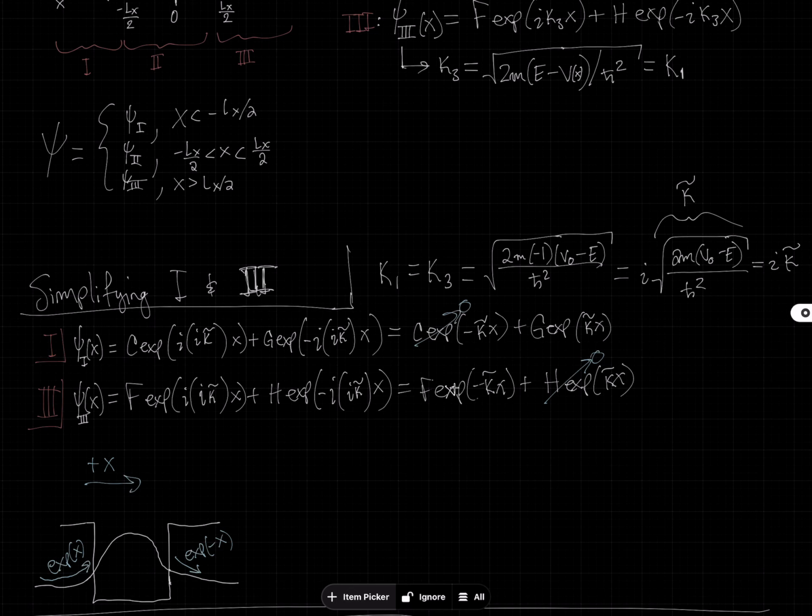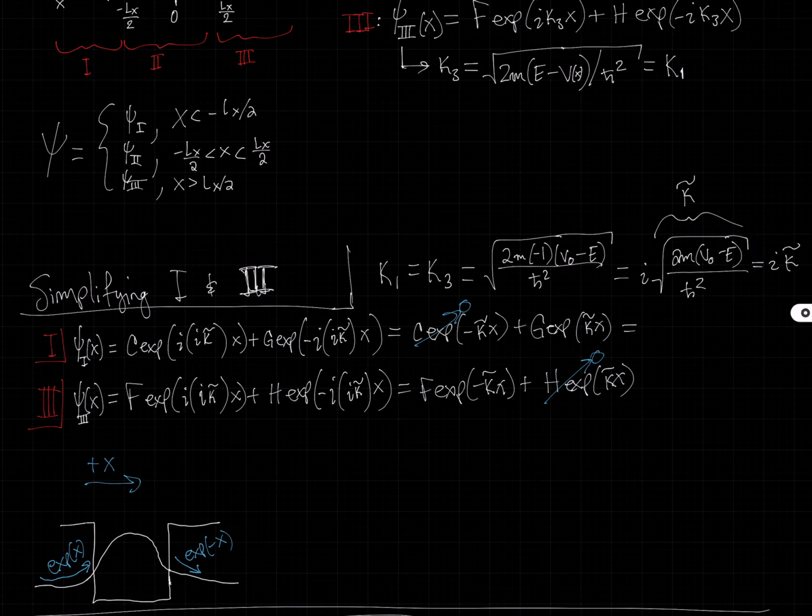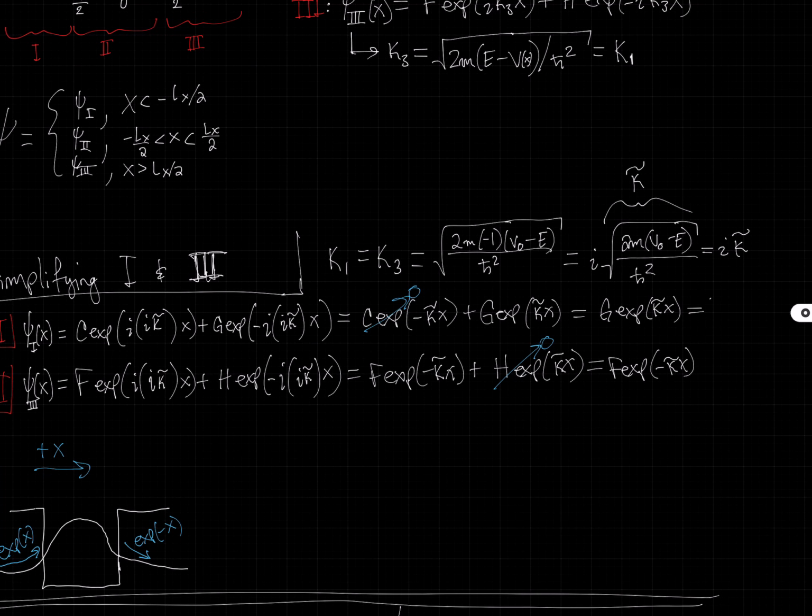And for the third region, I only have a decaying exponential. The only way that this can possibly be true is if these amplitudes are 0. And so that said, I can rewrite this as G exponential of kappa x, and this is F exponential minus kappa x.